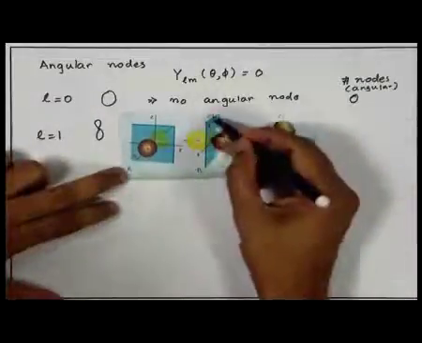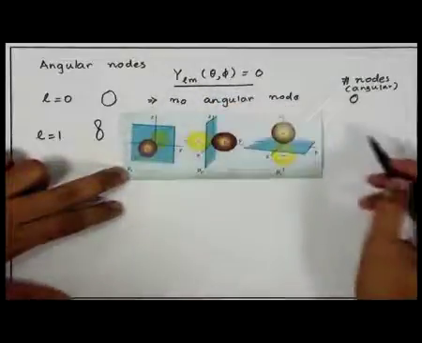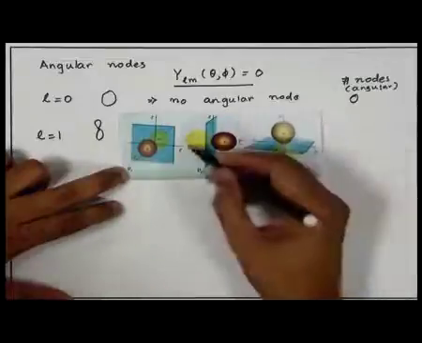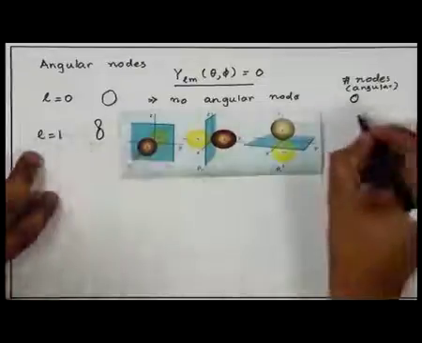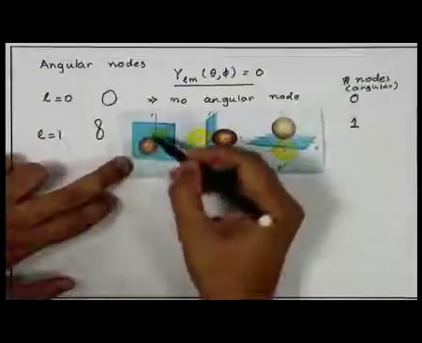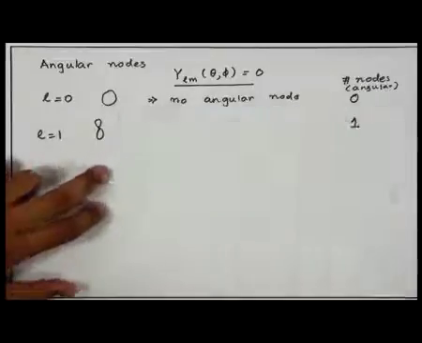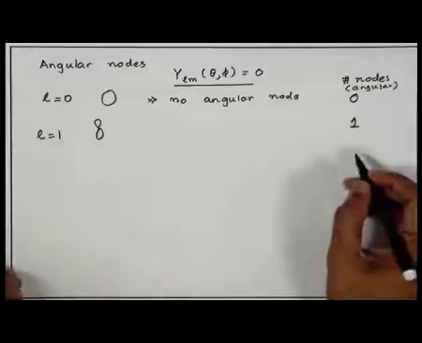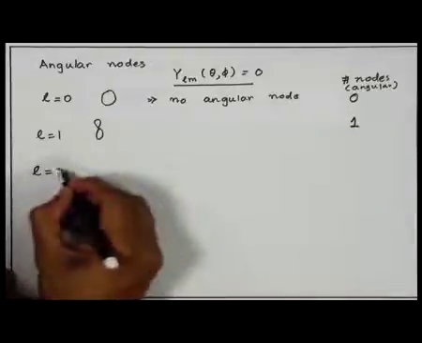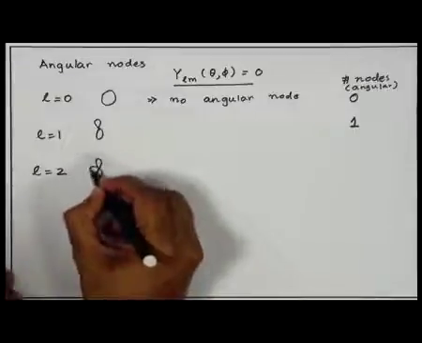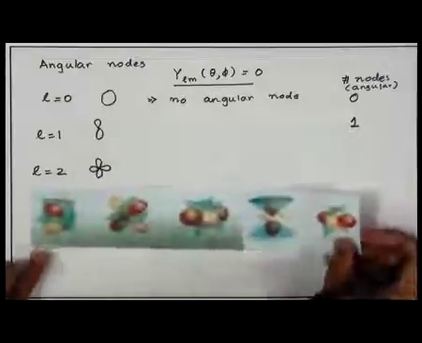In this plane, the Y_L^m, this part of the wave function becomes 0, therefore, you see this node. So, the number of nodes for p orbitals is 1 in each case: for px there is one plane, for py there is another, for pz there is another. So, the number of angular nodes is 1 for p orbitals. When L is 2, we know the shape is a double dumbbell, and I can show you another figure.